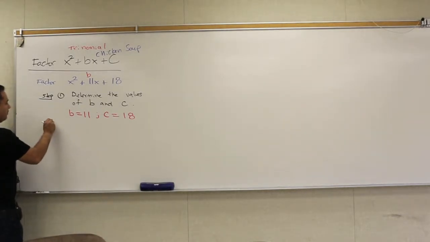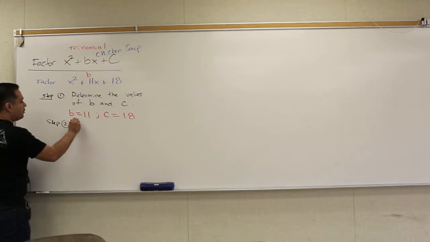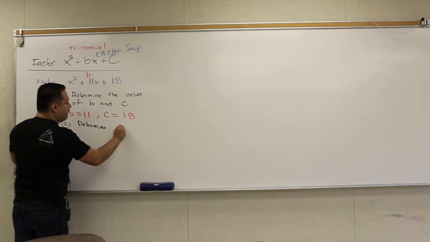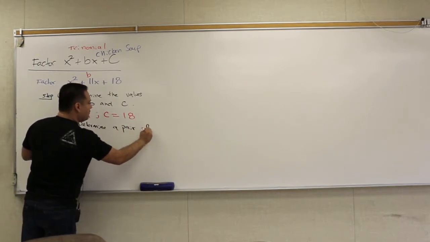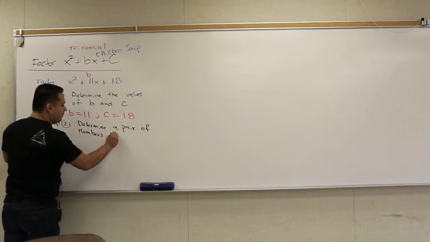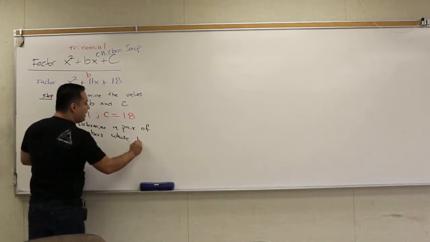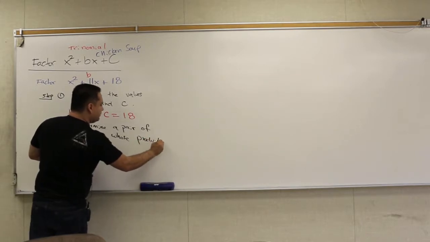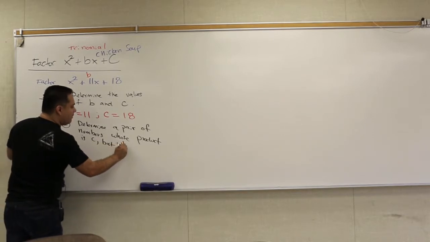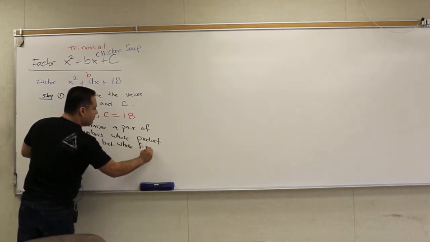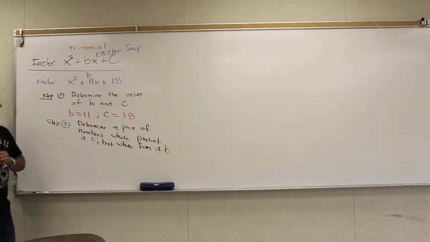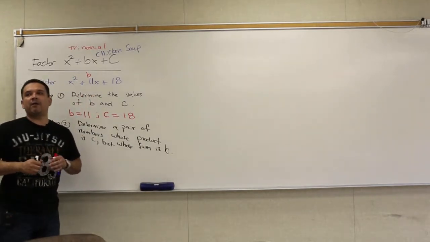Step 2. You are going to determine a pair of numbers whose product is C, but whose sum is B. So you're going to find a pair of numbers.